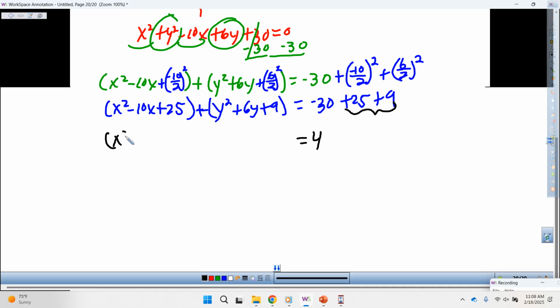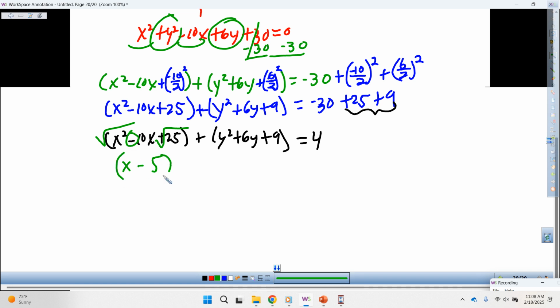Bring everything else down. x squared minus 10x plus 25 plus y squared plus 6y plus 9. Factor. Square root of the first, x, square root of the last, 5, sign of the middle, squared. Square root of the first, square root of the last, sign of the middle, squared equal to 4.